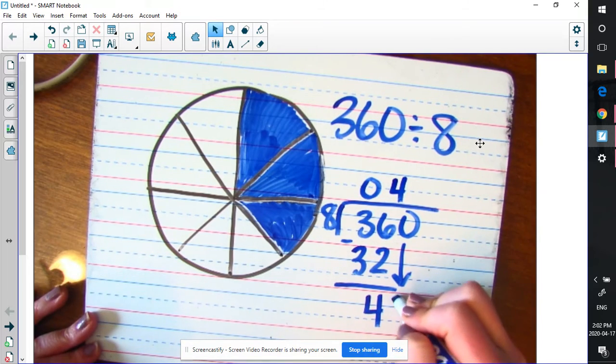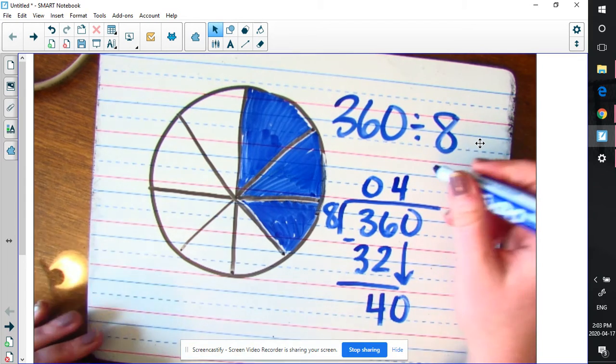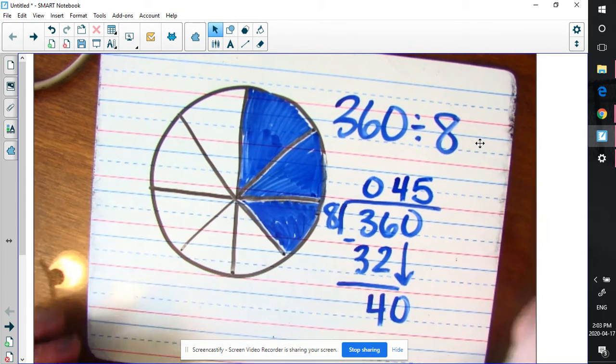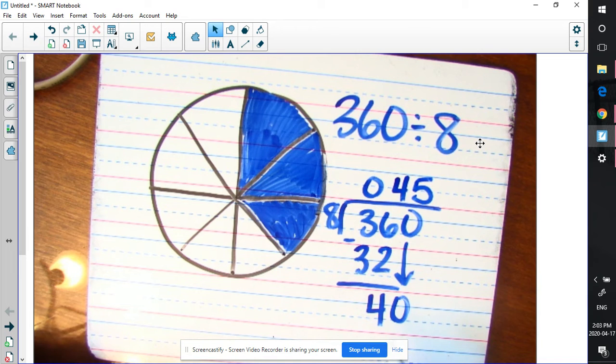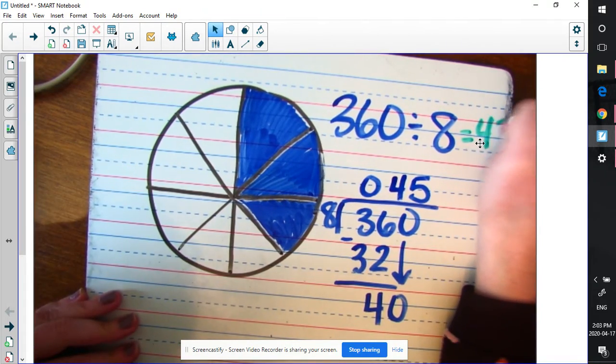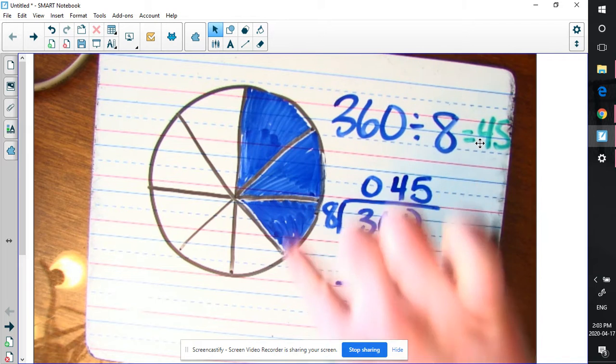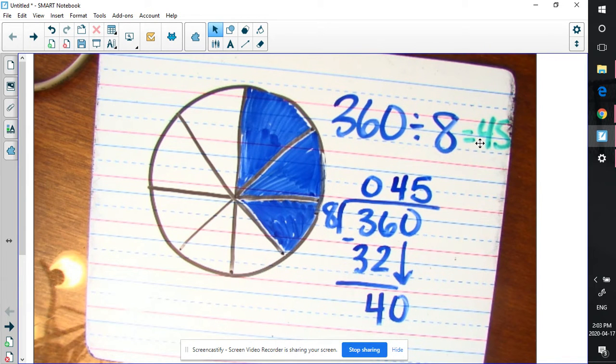Bring down that 0 and I get 40. Now I can get 8 into 40 exactly 5 times. So I put down my 5. That means 360 divided by 8 equals 45. So if I was asking you for the central angle of one of these pieces, 45 would be your answer.